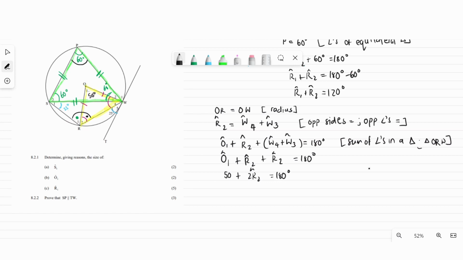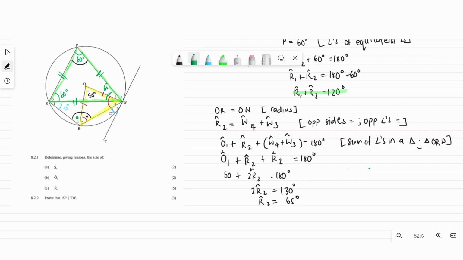O1 is 50 degrees, plus 2R2 is equal to 180 degrees. Take this 50 to the other side. We get that 2R2 is equal to 130 degrees. Divide both sides by 2. Therefore, R2 is equal to 65 degrees. That's perfect. But remember from this one, we know that R1 plus R2 is equal to 120 degrees.